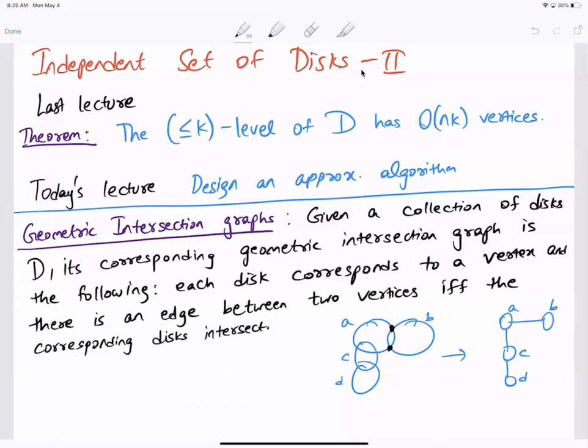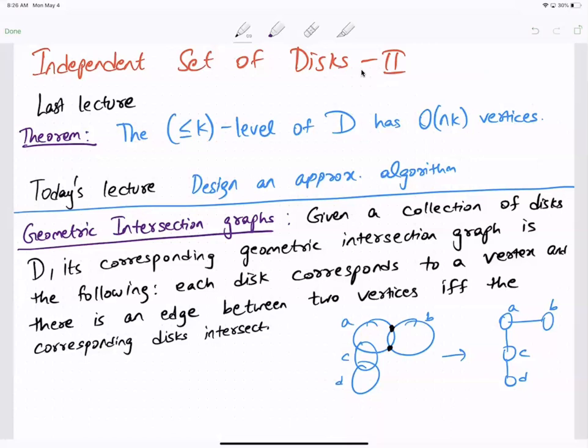Okay. So now, this theorem that I've written here, we need a special case of this. So I'll write down a corollary, which is a special case of this theorem, which is what we need going forward. So assume that the maximum depth in our collection of disks is k, right?